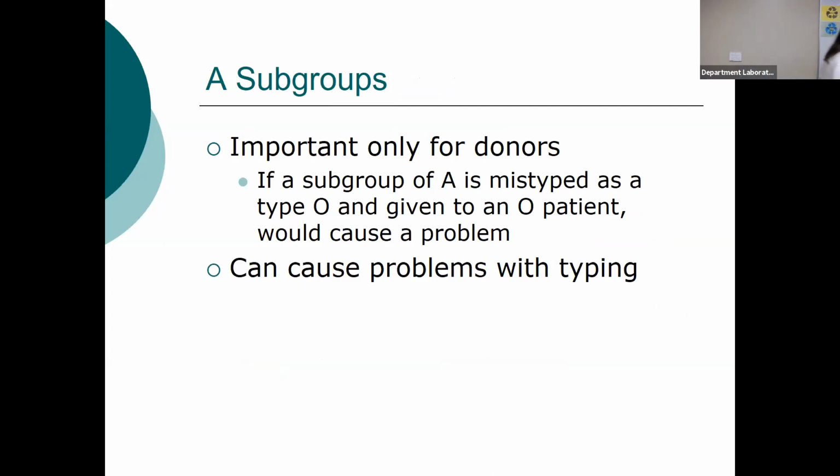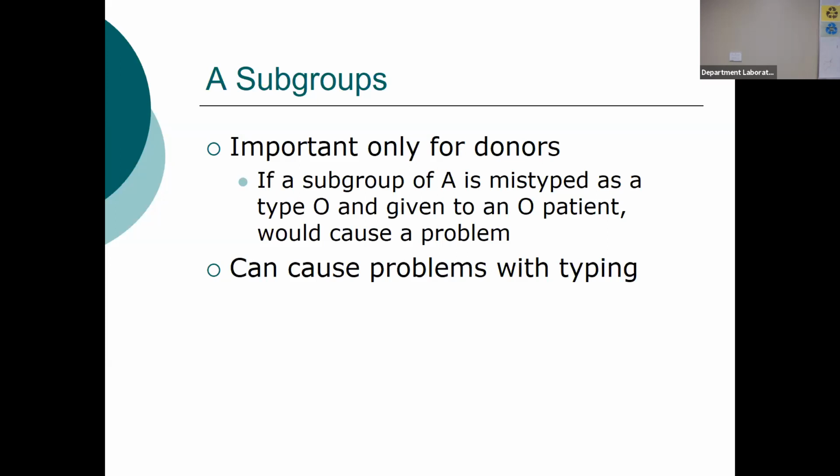You will see, if you have a subgroup of A that has built an A1 antibody, it will cause a discrepancy, meaning that your forward type does not match your back type. So what you're going to see in these group A patients is a weaker reaction with your anti-A. What plasma reaction do you expect with type A? They're going to have anti-B, right?